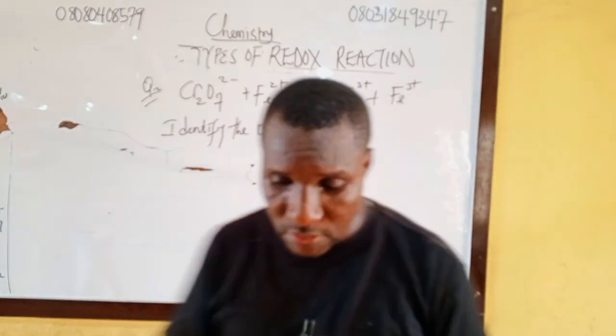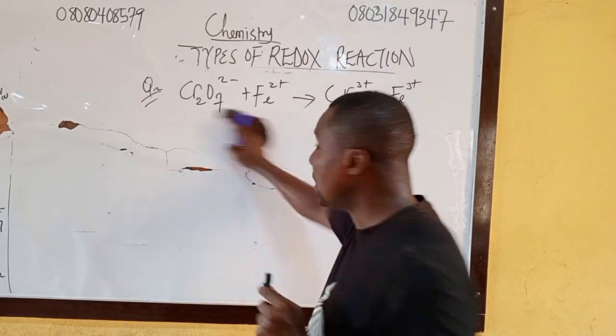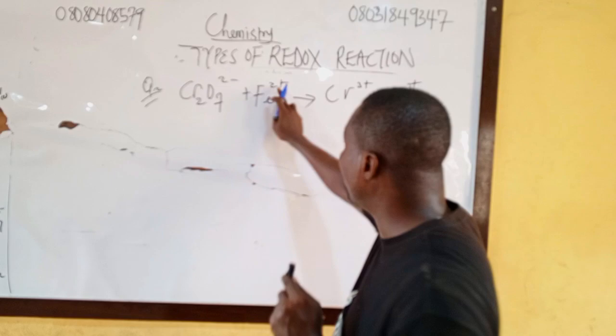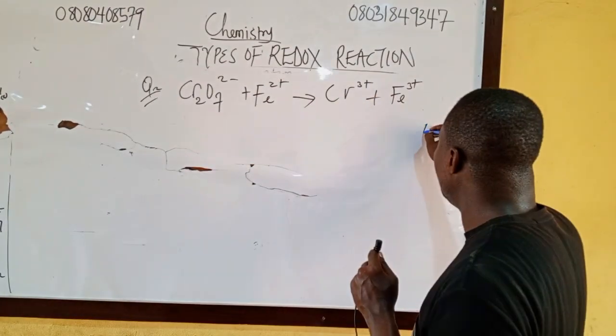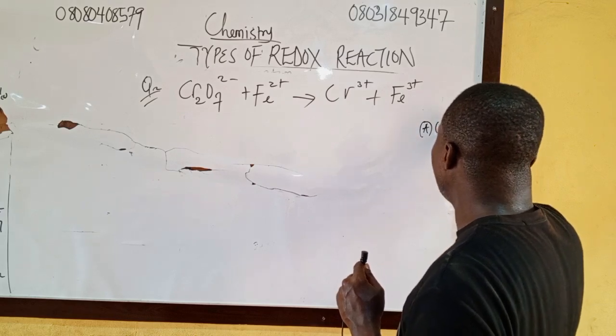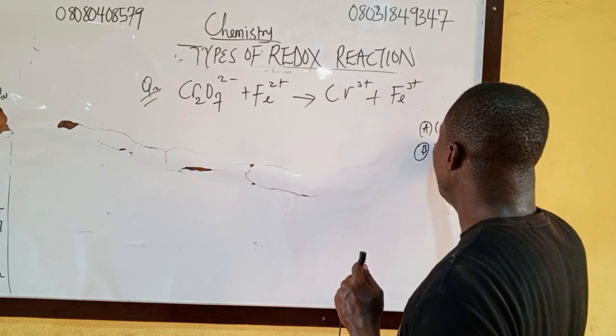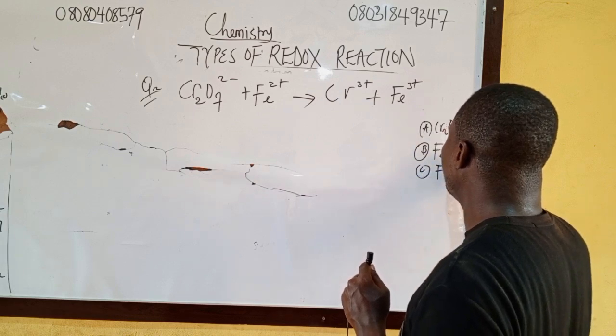Let's look at the question. Iron goes from plus 2 to plus 3. Let me give you the options. Option A: Cr2O7 2 minus. Option B: Fe2 plus. C: Fe3 plus.